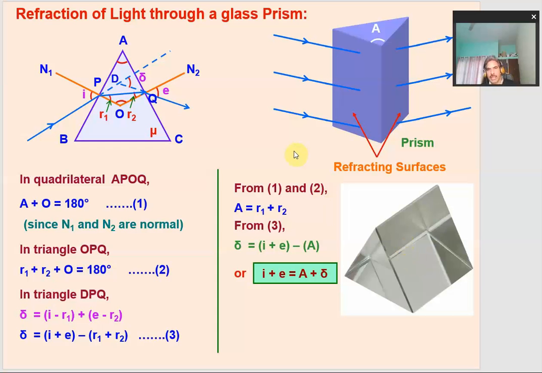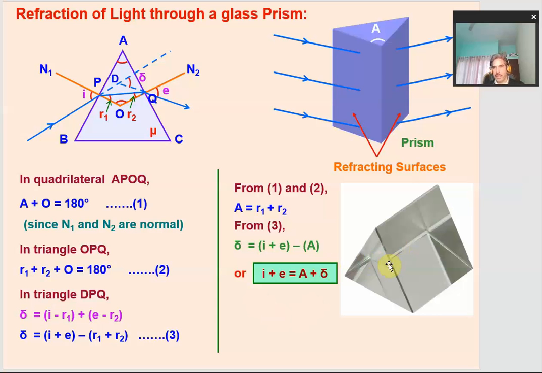Then from that formula we will discuss finding the refractive index of the material of this prism, and then on the basis of this prism we will understand the dispersion phenomena of the constituent light of a composite light. So let us begin with the prism formula.